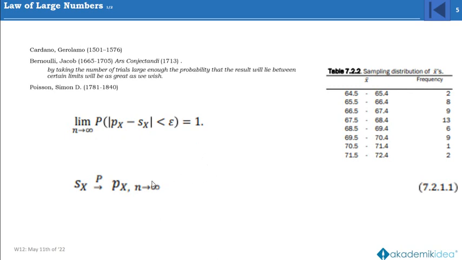It can also be written as indicated in formula 72.1.1, which states that the sample statistic converges in probability towards its expected value, that is the parameter Px.